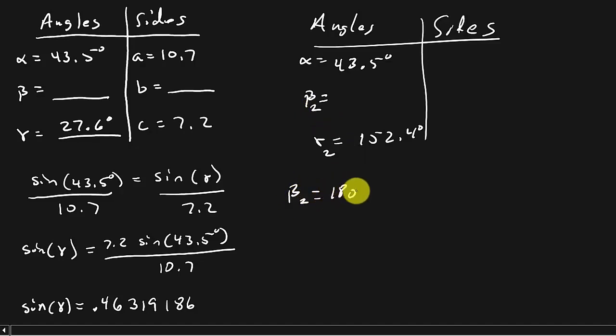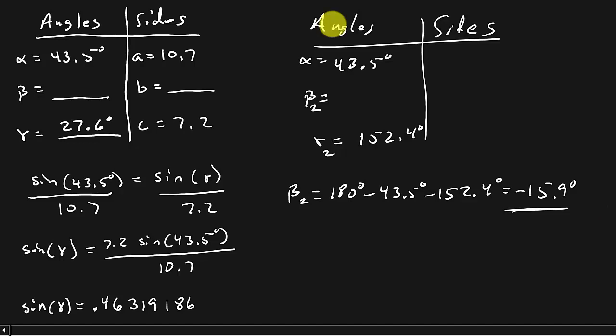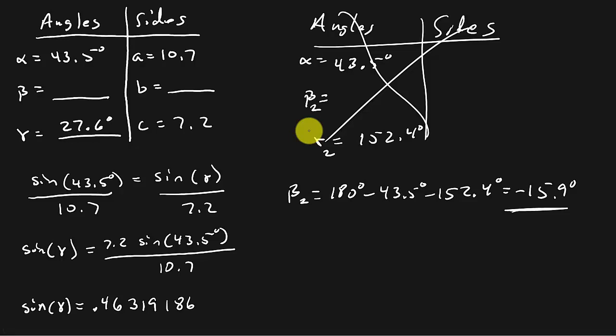Beta 2 would be 180 minus 43.5 minus 152.4. Put it in your calculator and see what you get. That gives us negative 15.9 degrees. That's what I was talking about earlier. If you think there's two triangles, find that third angle. An angle of a triangle can't be negative, so you know that one's not possible. And that's why I say there's a possibility of two triangles.